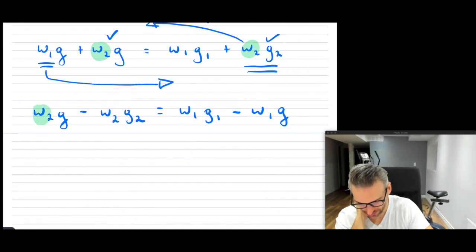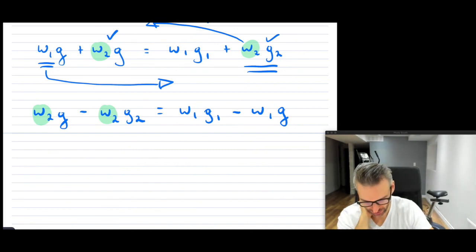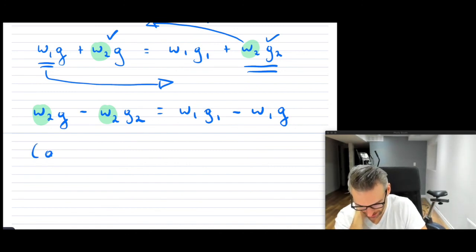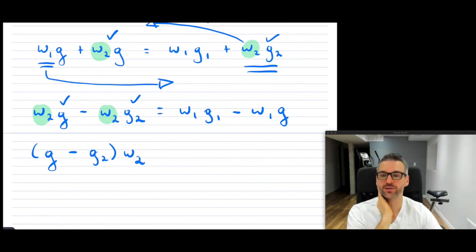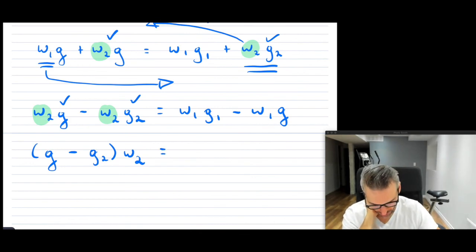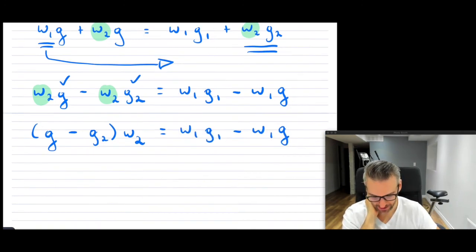Now I'm going to use factoring, so I'm going to factor out my W2. If I do that, I'm going to have G minus G2 left. The W2 has been taken out, and that's going to equal basically this. Just copy it.